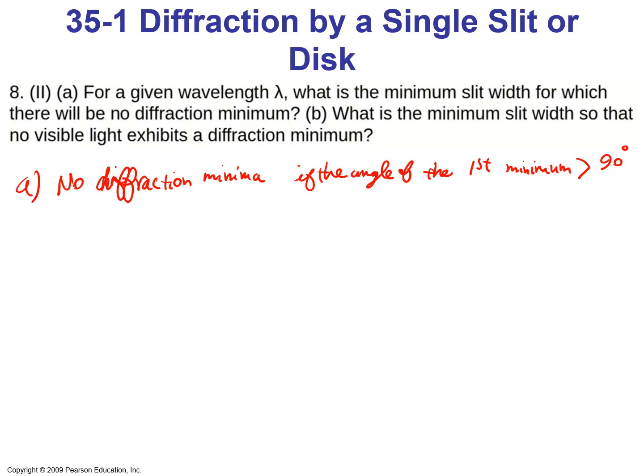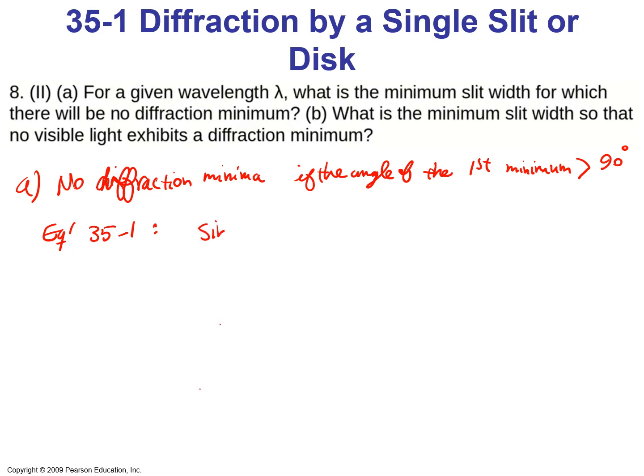So we set the angle in equation 35-1 equal to 90 degrees, and solve for the slit width.